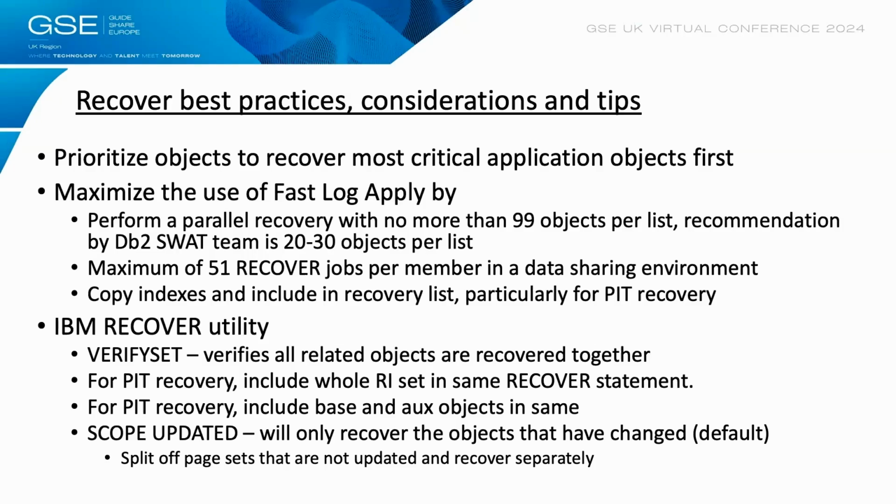You probably know better than me because I'm not a sysprog, but that is allocated to help speed through recoveries. And they're saying the maximum is 51 recovery jobs per member in a data sharing environment. So if you've got 99 objects, split them across 2, 3, spread them across the members. That's just something that they've put together, to try and keep the list down to 20 or 30 objects. You might need to go over if you've got all related stuff.